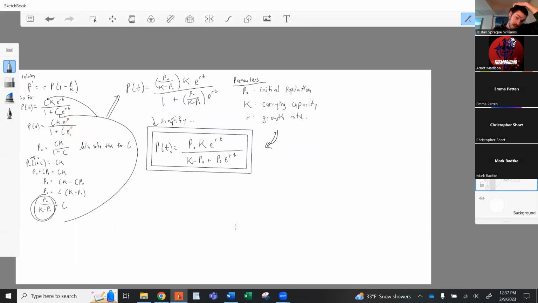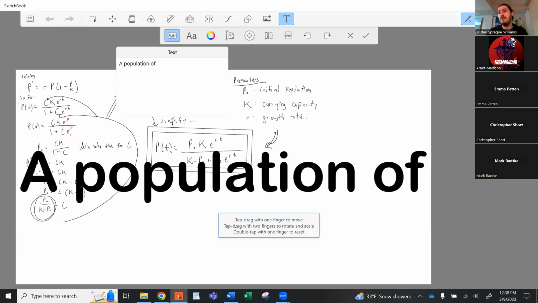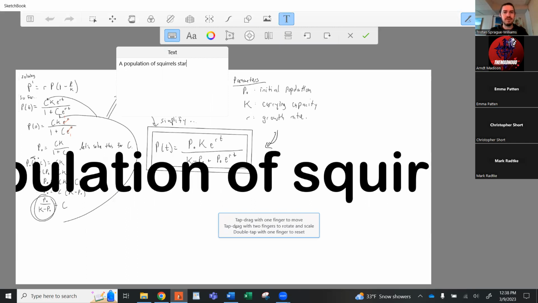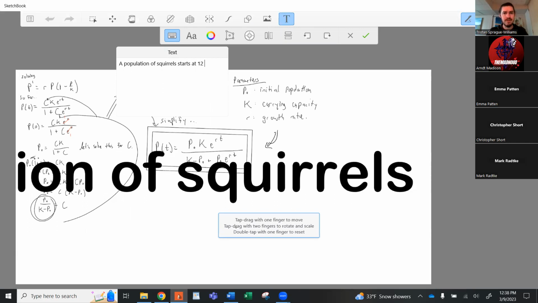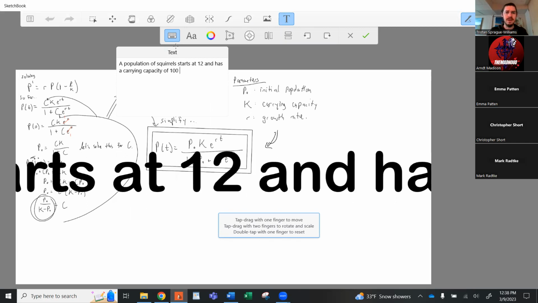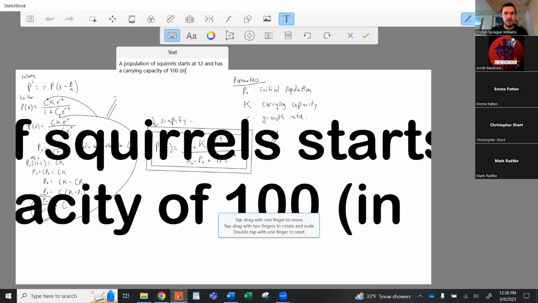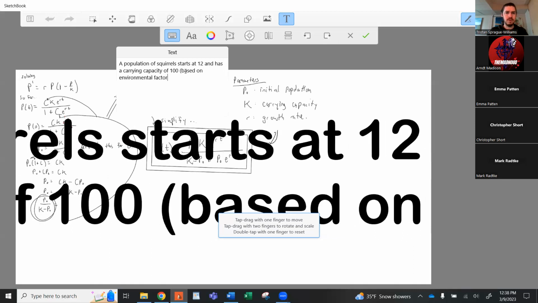So now, let's come up with an example problem. Let's say that a population of squirrels starts at 12 and has a carrying capacity of 100 in its environment, based on environmental factors.